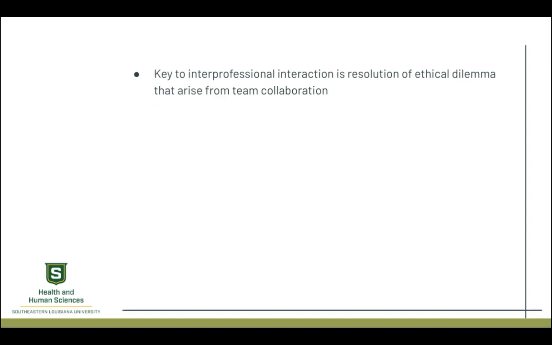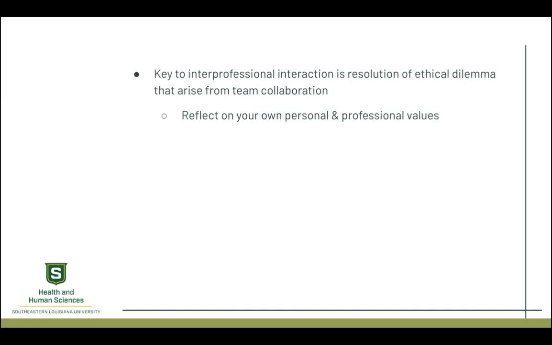So the key to reaching decisions about ethical dilemmas is for interprofessional teams to be able to interact in such a way that they are all geared towards resolving the problem, and that requires a very high level of team collaboration. If an interprofessional team does not have high levels of collaboration, it may take longer for them to reach a decision versus those that do have collaboration.